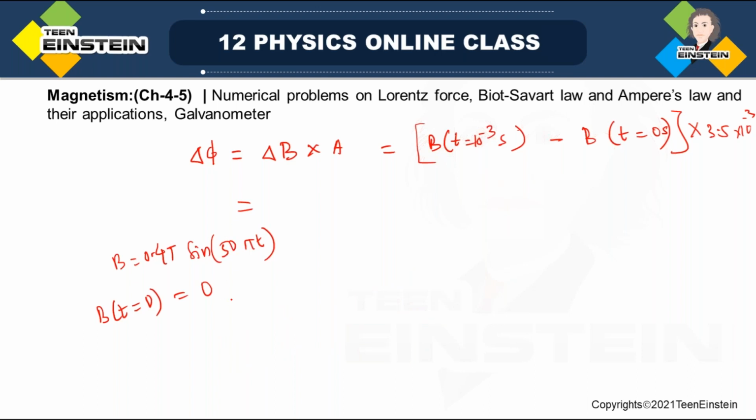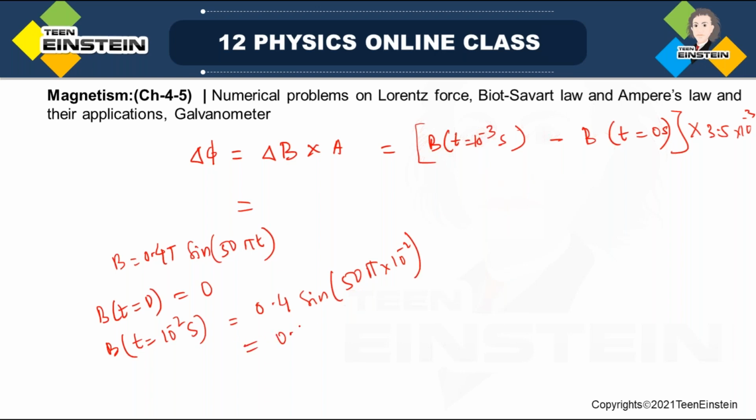So here it is 50. So t is equal to 10 to the power minus 2 second. We'll get 0.4 sine of 50 pi t, with t being 10 to the power minus 2.